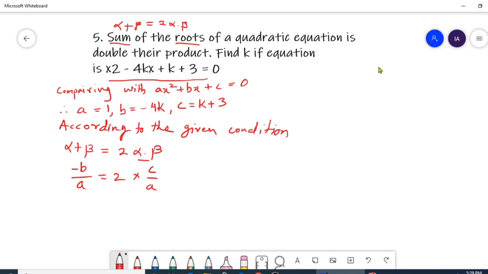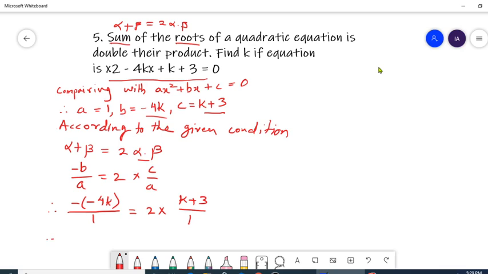So we have negative b, so I'll take minus, and since the value of b is also negative, I'll write it within the bracket, minus 4k upon a. A is 1. Now 2 into c. C is k plus 3, again upon 1, that is a.